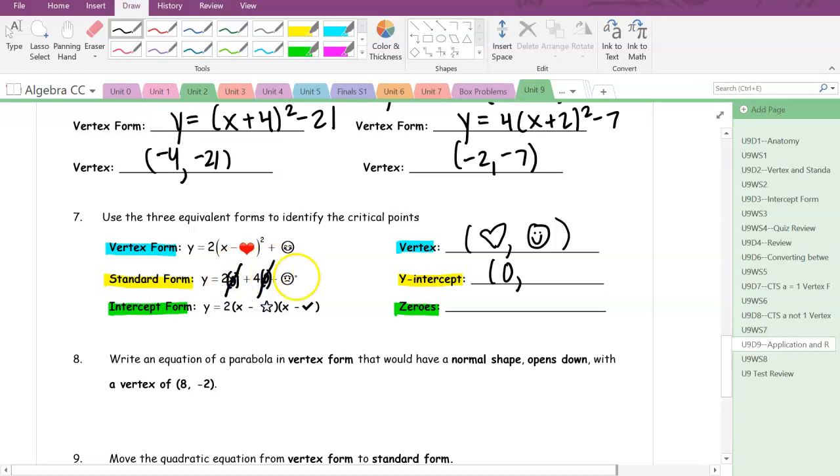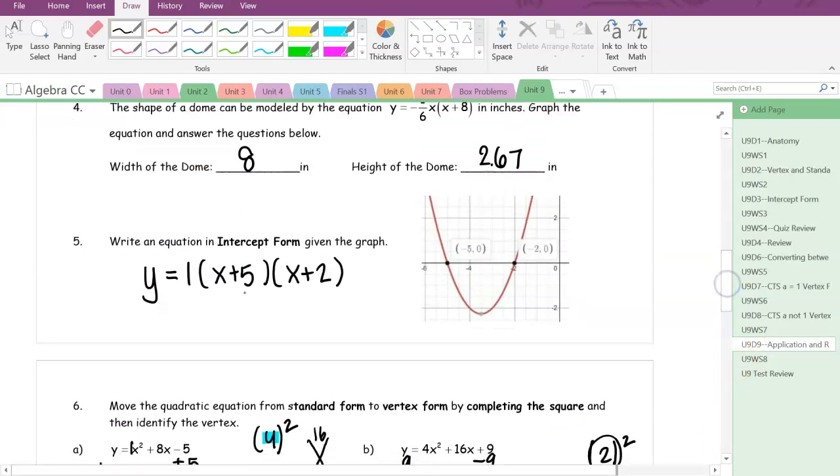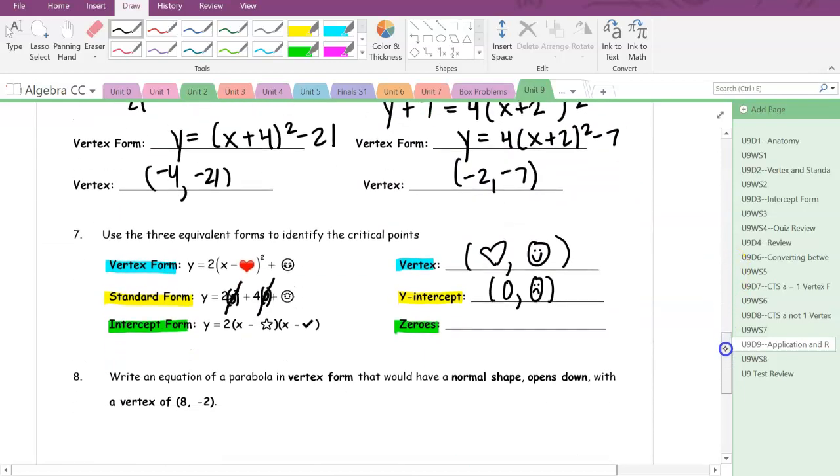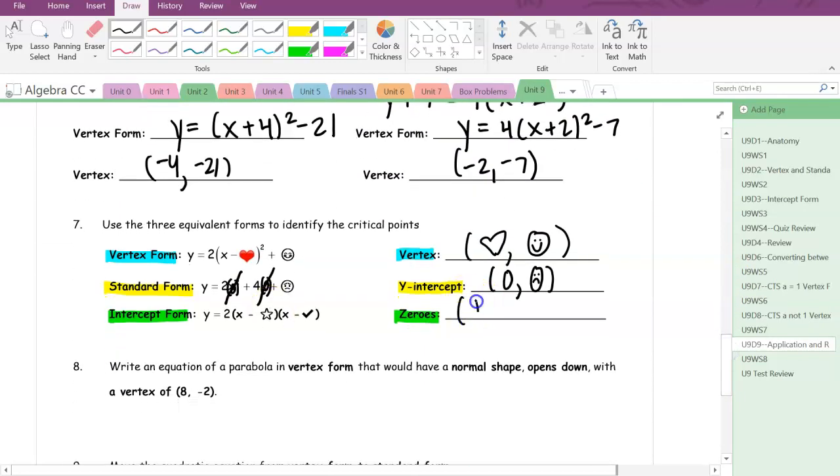So all that's left is our sad guy. And finally, intercept form, just like we had over here, when you have an x plus 5 and an x plus 2, our intercepts or zeros are the opposites. So this is going to be a positive star, comma 0, and a positive check, comma 0. And that's it.